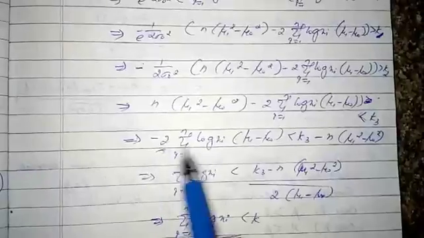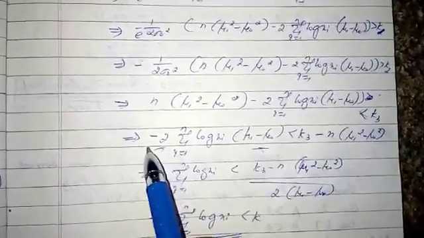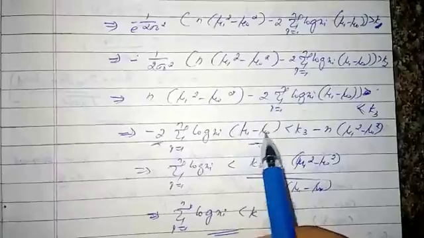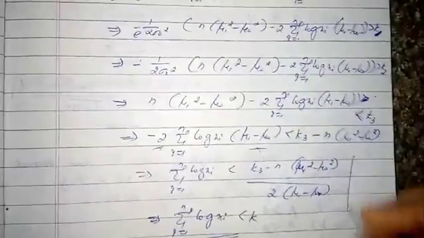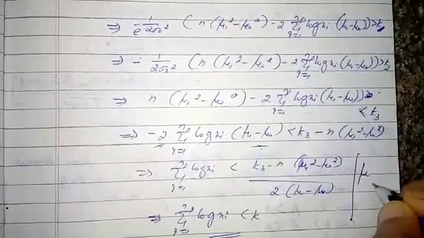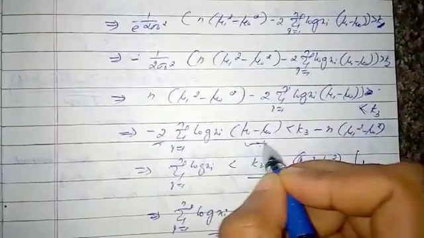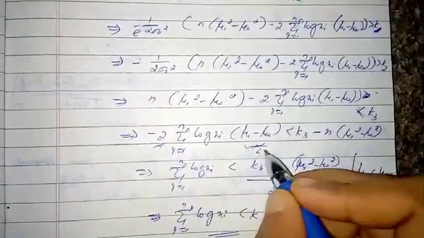After this we want to obtain the value of minus 2 into mu1 minus mu naught. It is given that in case 2 mu1 is less than mu naught, so this value is negative.